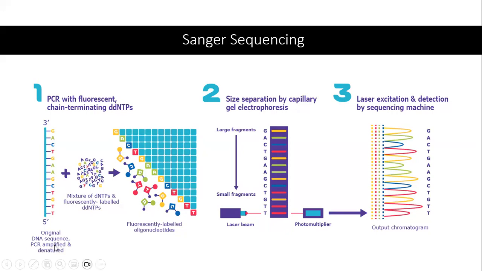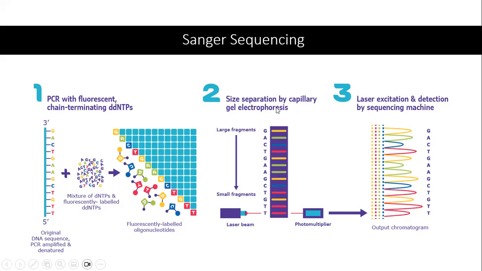So you have an original DNA sequence amplified for PCR, and then you make a mixture of dNTPs and the fluorescently labeled ddNTPs. So you grow a strand, but when you add this ddNTP, it stops. Then this strand was growing, and when you added this one, it stopped. And that would continue.